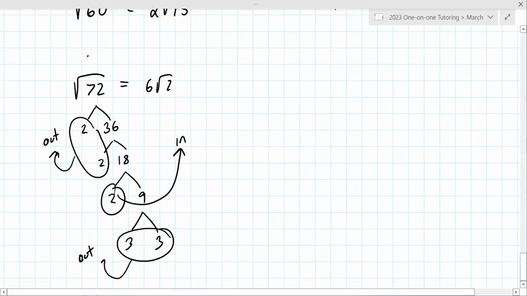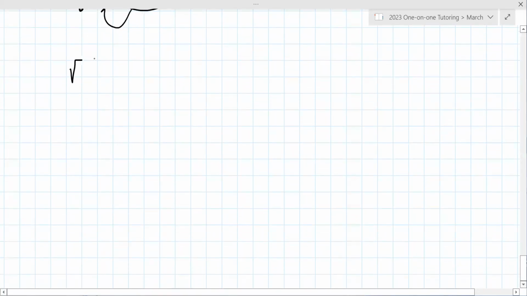All right, so let's try another one here. Square root of 300. All right.